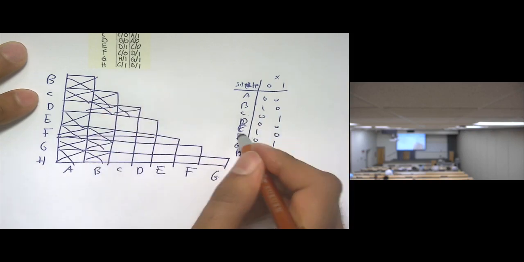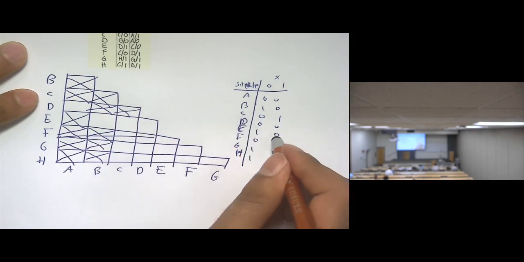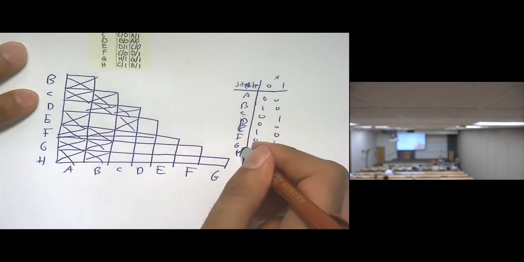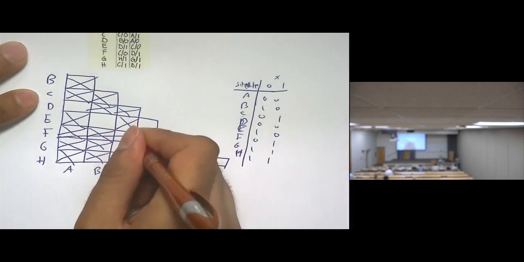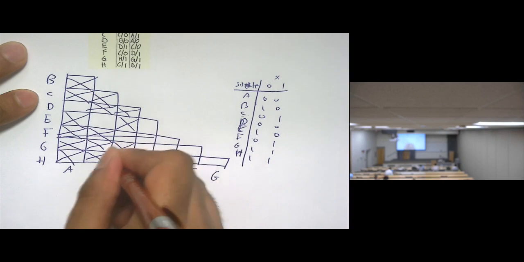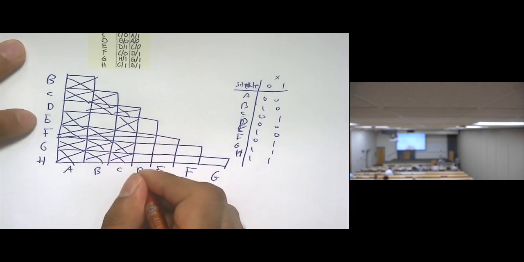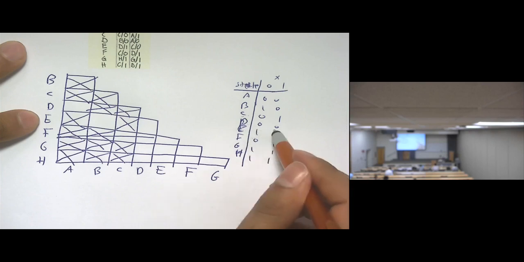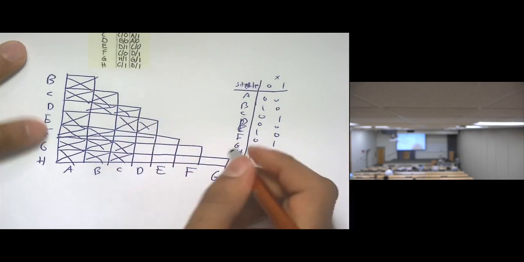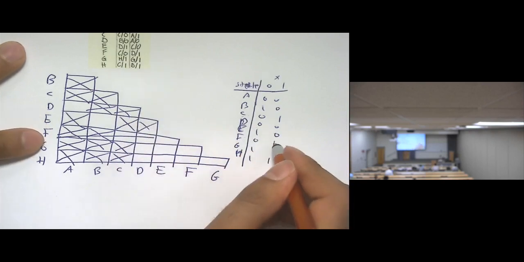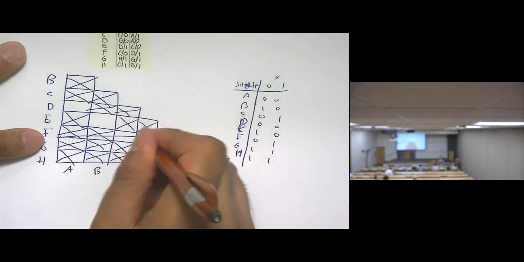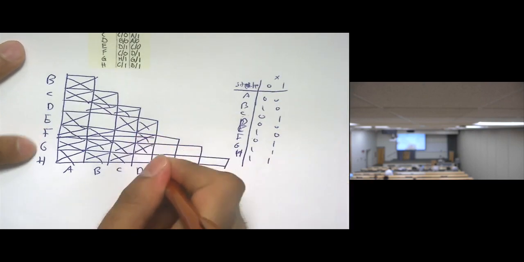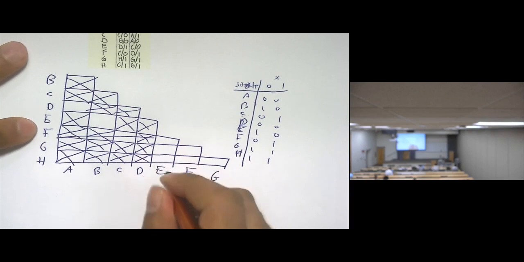No. C and E, no. C and F, yes. C and G, no. C and H, no. How about D? D and E, are those the same? No. D and F, no. D and G, no. D and H, no. How about E?